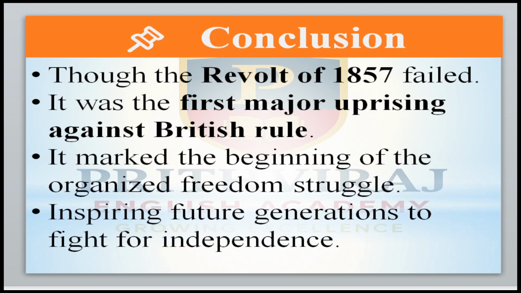Now the conclusion: though the revolt of 1857 failed, it was the first major uprising against British rule. It marked the beginning of the organized freedom struggle, inspiring future generations to fight for independence.